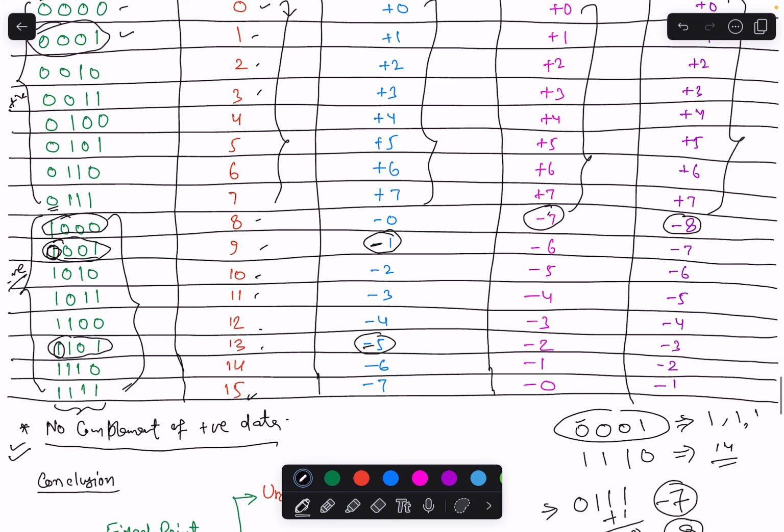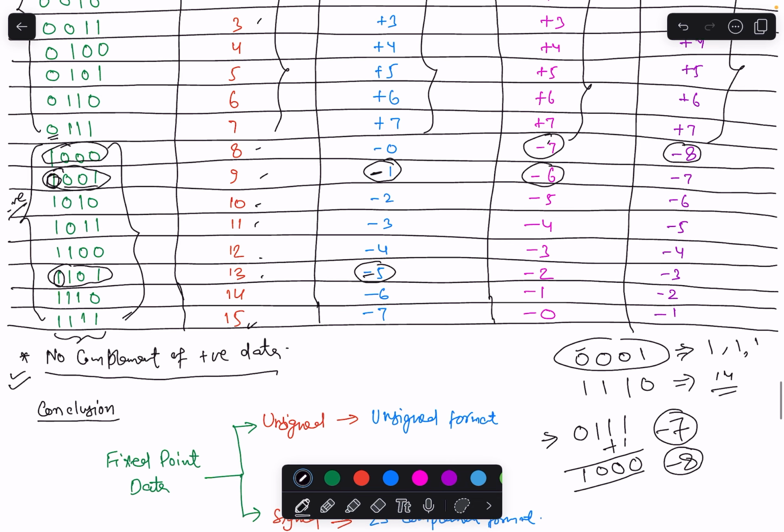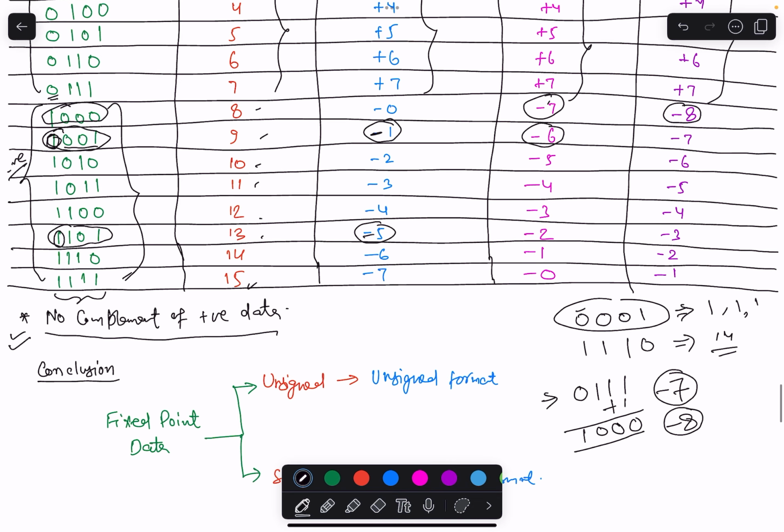If we already have the ones complement, and we need to find the two's complement, don't do it like this. Suppose we have minus 7 in ones complement, don't go and add 1 to it and say that minus 6 is the two's complement. We add 1 to the magnitude and then take the sign separately.